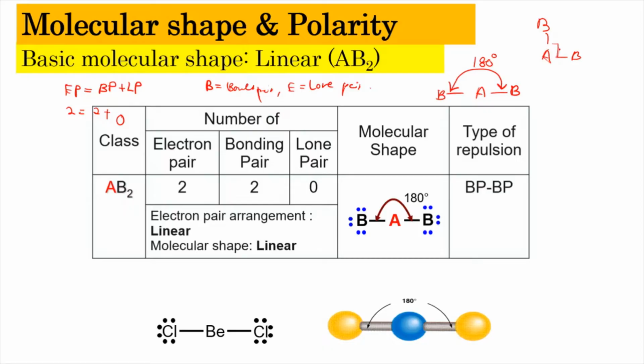According to VSEPR, we need to minimize the repulsion and put them far away, so it needs to be 180 degrees. So you can draw it to be something like this, or you can also draw it something like this. And the type of repulsion that exists is only bonding pair with bonding pair repulsion. And the shape here is known as linear. Okay.